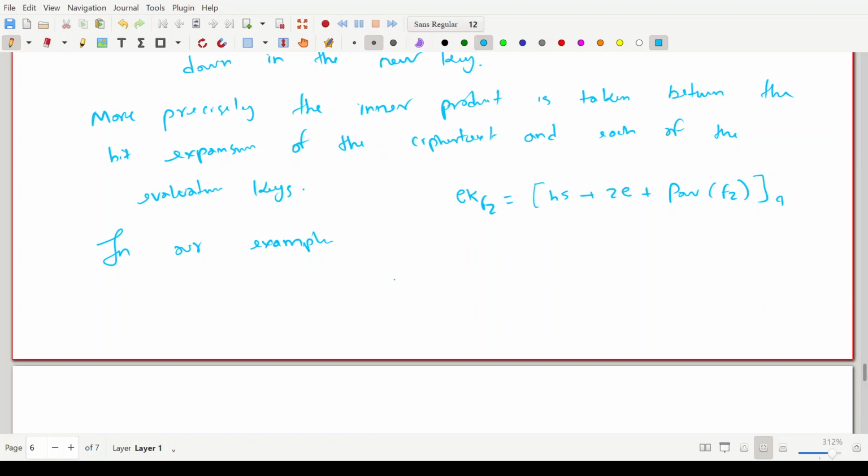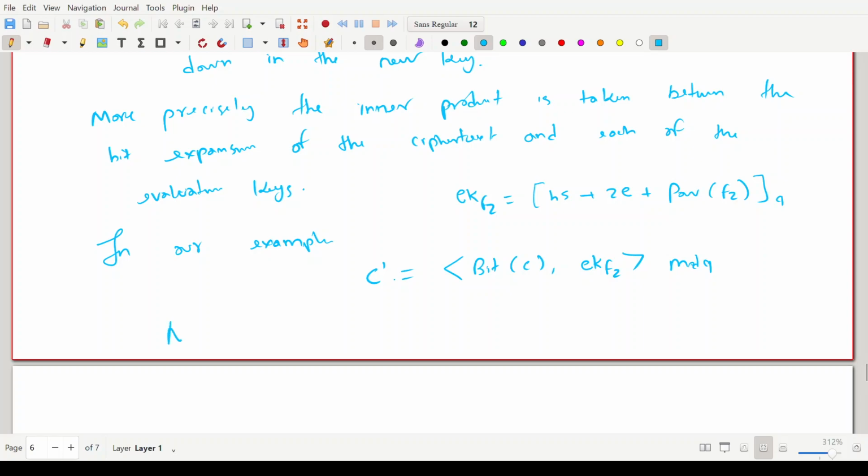So what is your corrected ciphertext? I am denoting it as C dash. The corrected ciphertext is the bit decomposition of your C multiplied with the evaluation key of F2, that is, the inner product of these two, modulo Q. So whatever ciphertext you have, for the intersection you just have to do this.